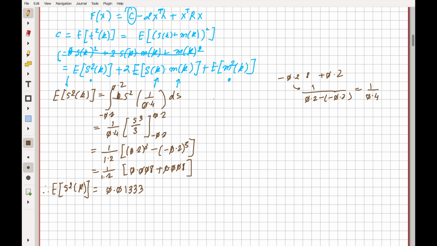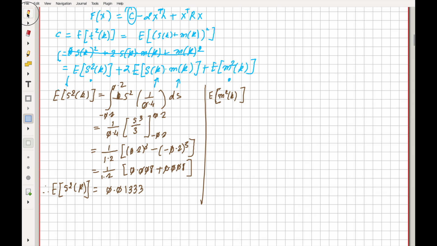That's the signal. Likewise, we calculate the expected value of m squared, the mean square value of the noise.